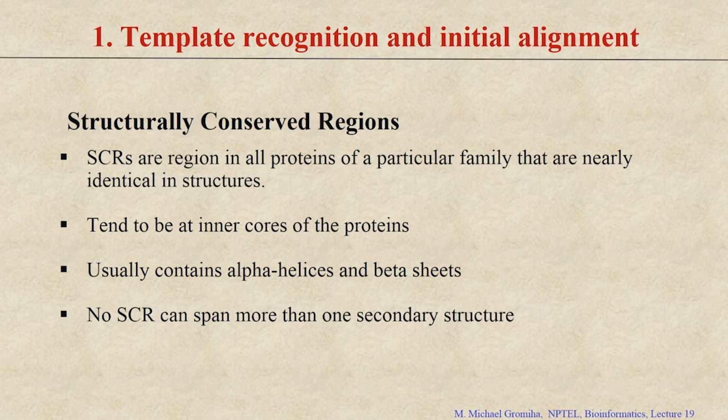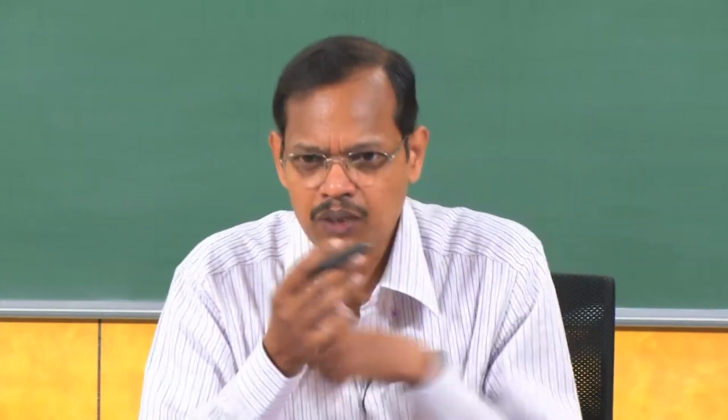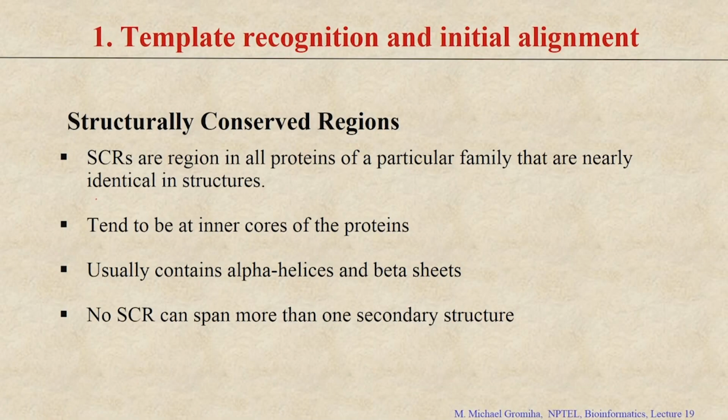How to check the conserved regions? What are conserved regions? On the protein they have nearly identical structures, right, and there might be the interior core and mostly they contain alpha helices and beta strands.